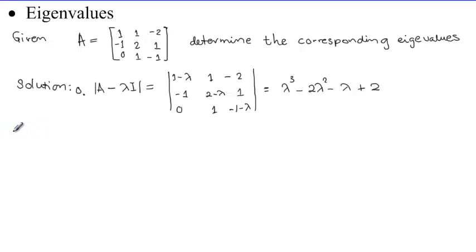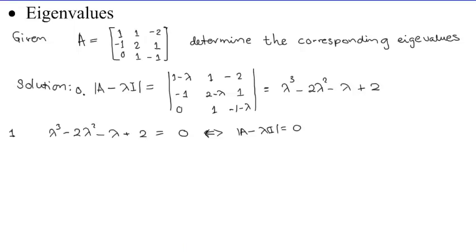Now our second step, say number 1, will be to solve the characteristic equation, which we get by equating this polynomial to 0, which means lambda cubed minus 2 lambda squared minus lambda plus 2 equals 0. In short, this is equivalent to the expression we wrote as the determinant of A minus lambda I equal to 0.